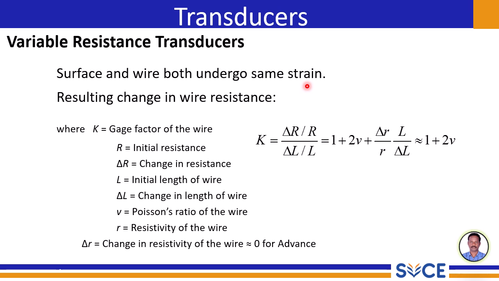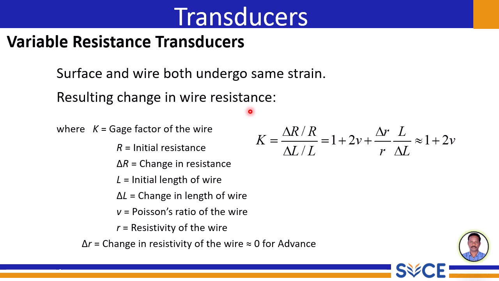This is the crucial assumption that allows us to infer the strain in the structure from the change in the wire's resistance. When the surface is stretched or compressed, the wire experiences the same proportional change with respect to length.